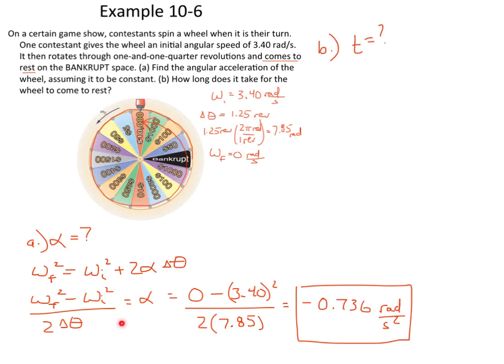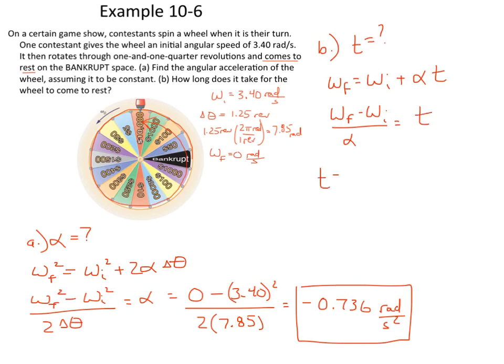Omega final equals omega initial plus alpha times time. Solving for time is pretty easy: time is omega final minus omega initial divided by alpha, assuming our alpha is correct, which I think it is.